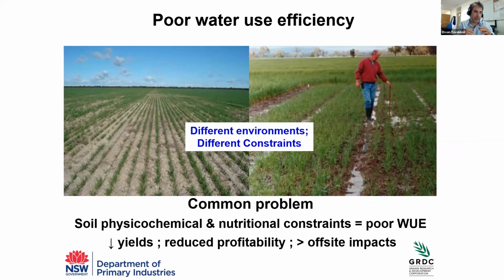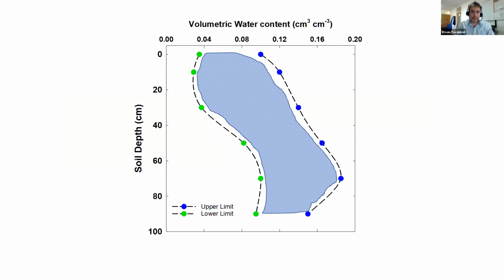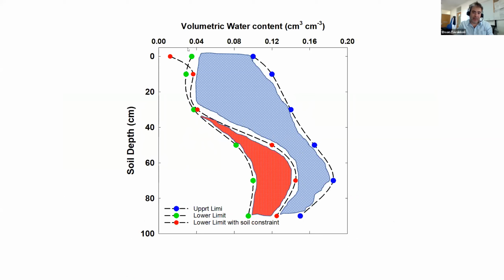The concept of the work you want to do and develop a management for is to improve the water use efficiency of these systems, because if you imagine you have a profile of water that your crop should effectively dry out, so this is your soil profile at the beginning of the season. I call it the upper limit and the lower limit. If the plant has access to this profile, you will have a perfect yield at the end of the season. However, when you have a subsoil constraint in your system, that bucket size is much reduced.